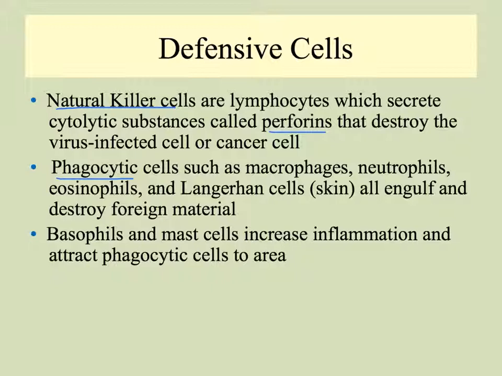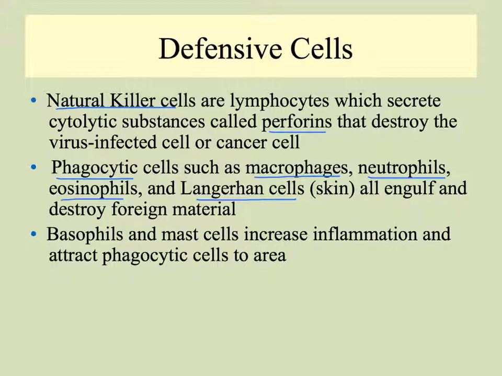So the phagocytic cells include our macrophages, the neutrophils, the eosinophils, and then the Langerhans cells in the skin, which are a dendritic cell that are fairly newly discovered. We don't know a lot about how they work, but these cells are all phagocytic.